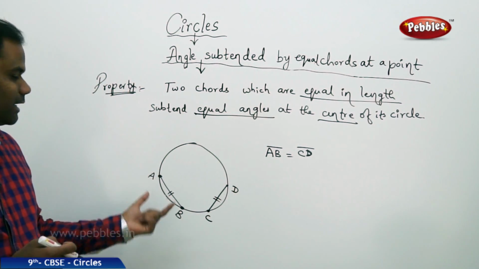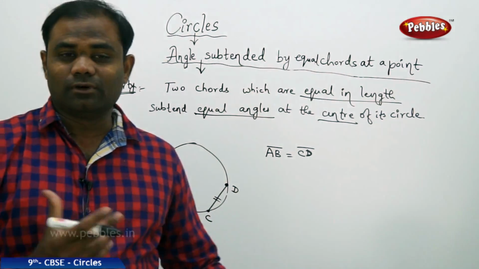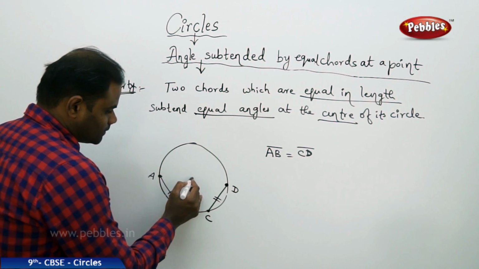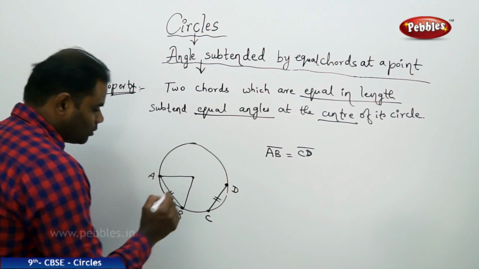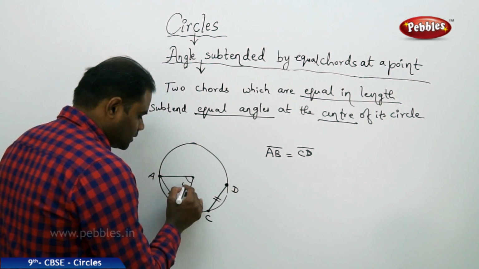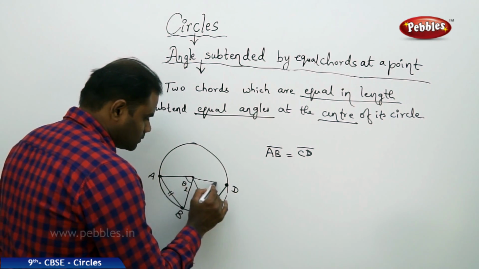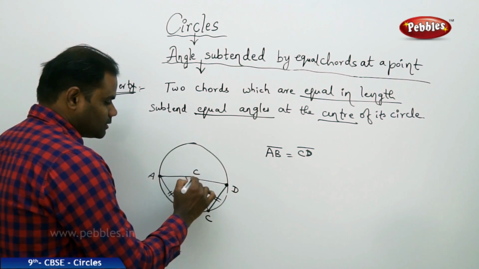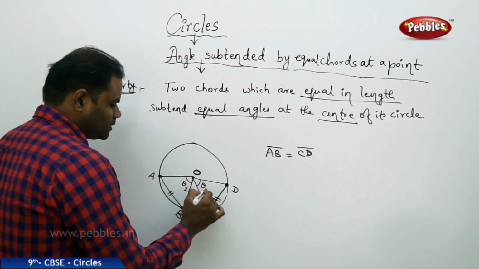Now the property says that when I take the case of two equal chords, then the angle subtended by each of the chords will also be equal at its center. So suppose I have my center O out here, then the angle subtended at the center by chord AB, say this angle is theta 1, and the angle subtended by chord CD at its center O is theta 2.